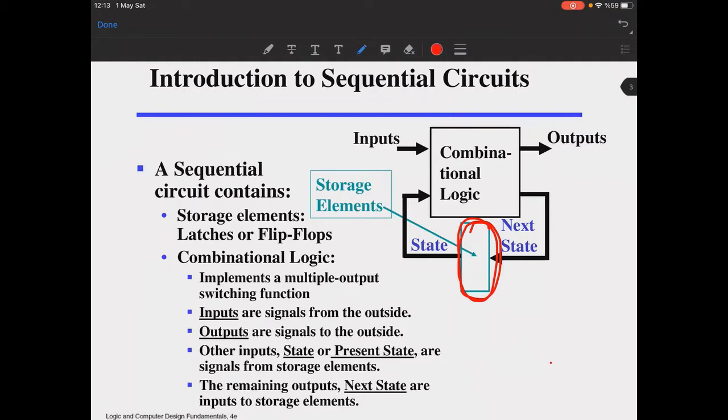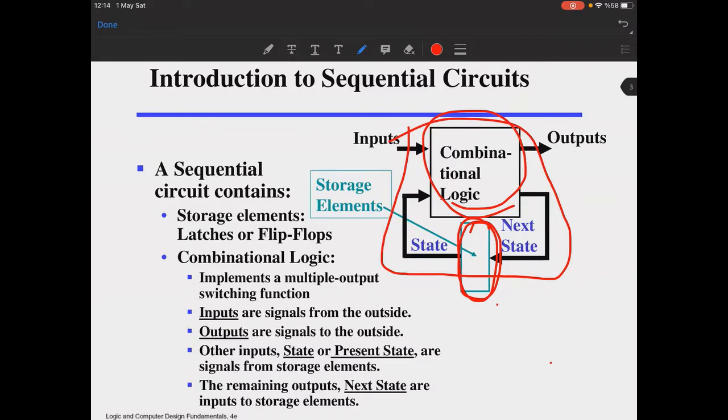The other part is the combinational logic, how the system works, and these are your states. So it's a multiple-input and multiple-output switching function. The inputs are the signals from the outside, and outputs are the signals to the outside, of course. If you put this in a box, this is what you see.